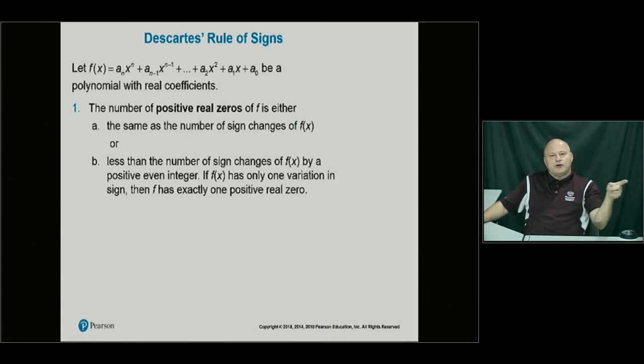So when you go from one term to the next term, if there's a sign change, then you count it. If 2 consecutive terms are both pluses, or 2 consecutive terms are minuses, then that's not a sign change. But if consecutive terms have a different sign, then you count it. Now let's say there were 3 sign changes. Then what this is basically saying is you're going to have 3 real solutions to this problem, or less than that by an even number.